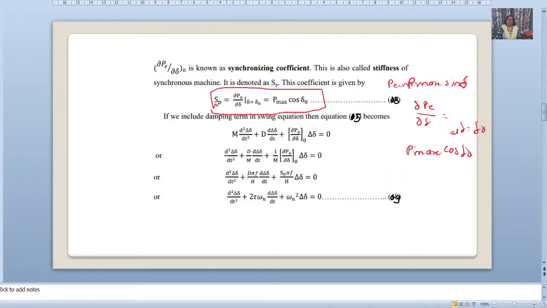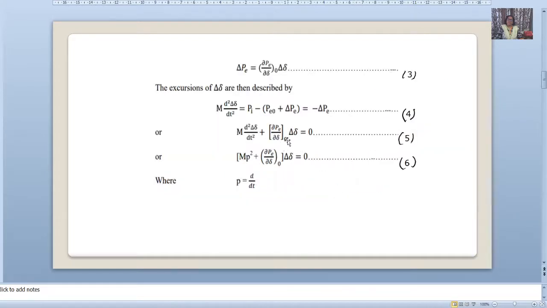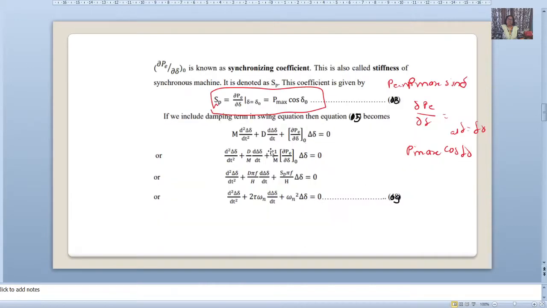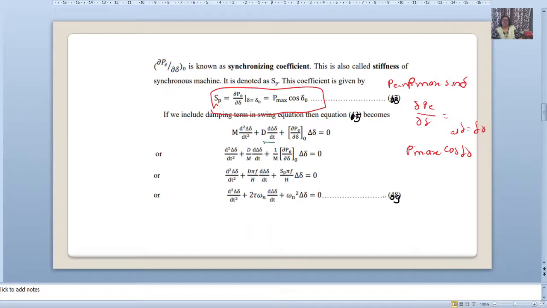If we include the damping term D in the same equation, then equation 5, M d2 delta del upon dt square equals delta P upon delta del into del, becomes this.